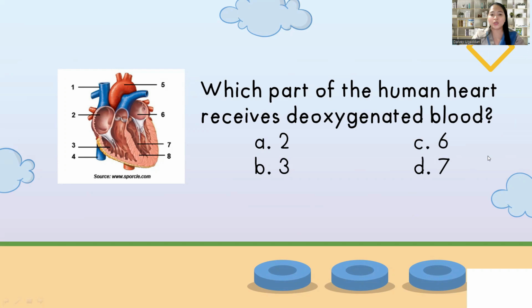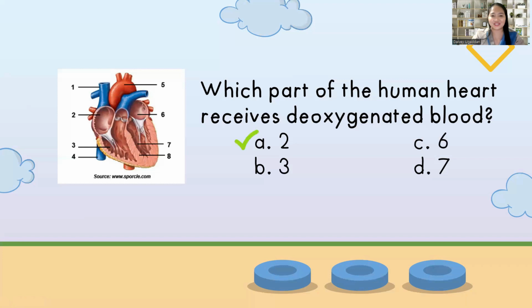That leaves us with 2 and 3. The receiving chamber of your heart is none other than the atria, but we are on the right side, so we are going to answer number 2, which is the right atrium.